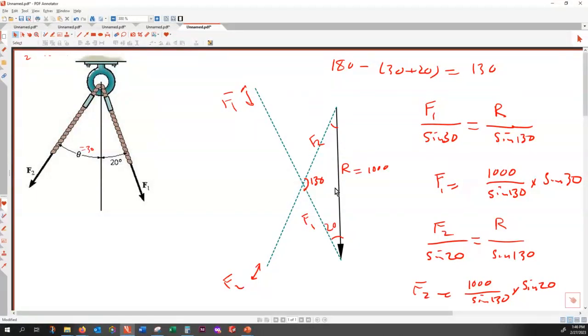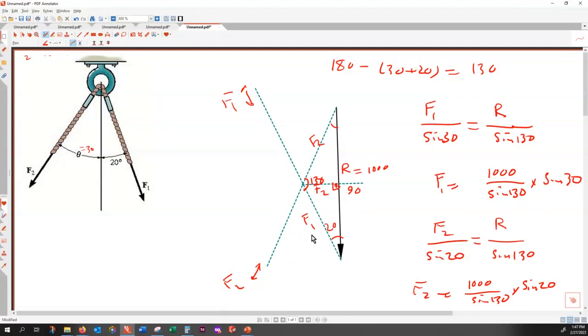So if this is F2, this F2 is the smallest value. If I go beyond that, or before that, F2 again becomes larger, right? So in that configuration, this angle is simply 90 degrees.